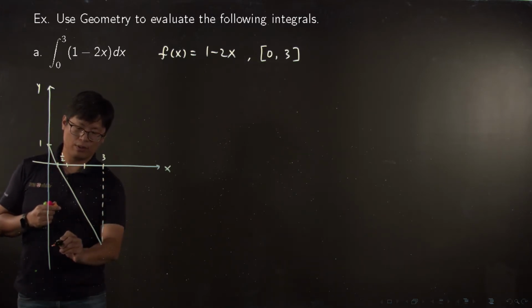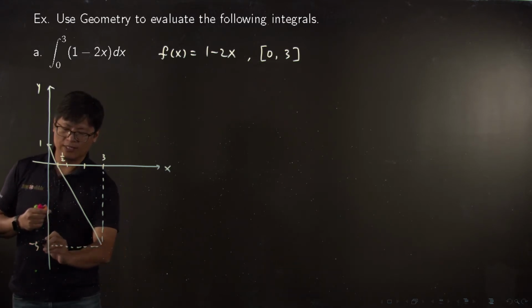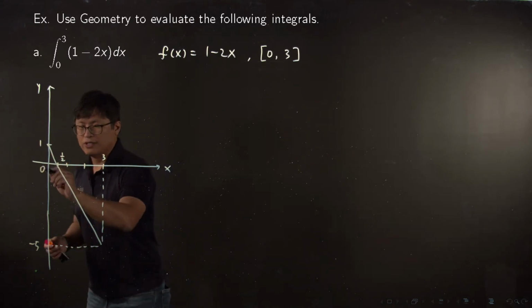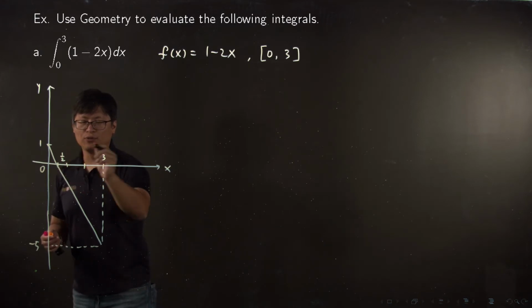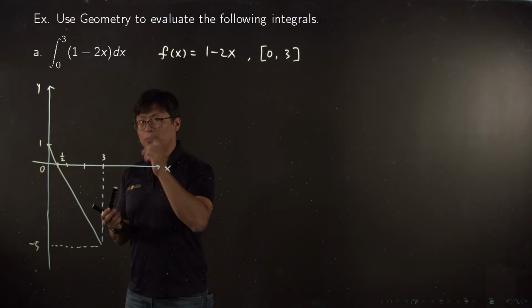When x equals 3, it will be -5. Is that okay? Look at that. The first part, 0 to 1/2, is the positive function value, but 1/2 to 3 is negative function value. So now let's talk about that integral.